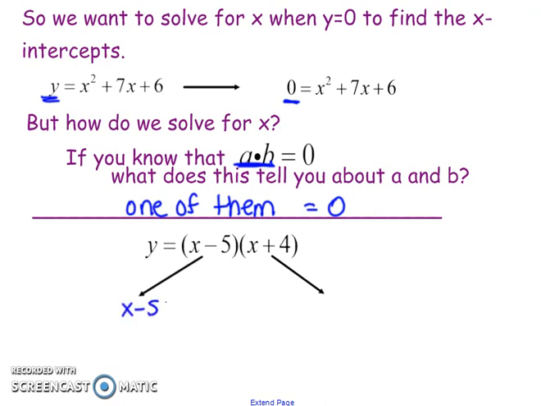If x minus 5 was 0, x would have to be 5. 5 minus 5 is 0, 5 plus 4 is 9, 0 times 9 is 0. Same idea with x plus 4. If I set it to 0, x equals negative 4. If I plug that in, I get negative 4 minus 5, which is negative 9, times 0, so I'm going to get 0.